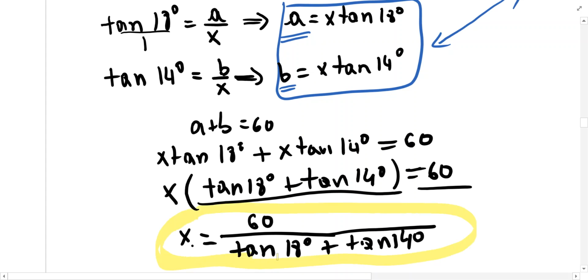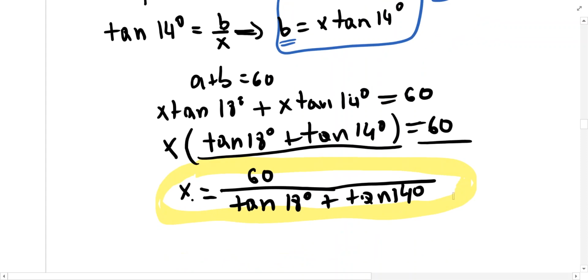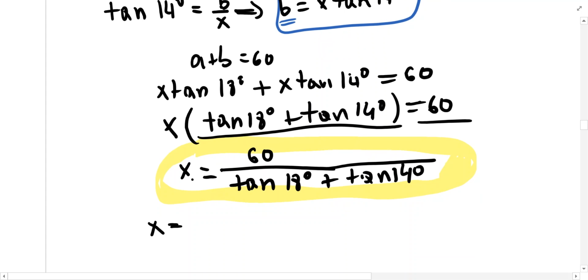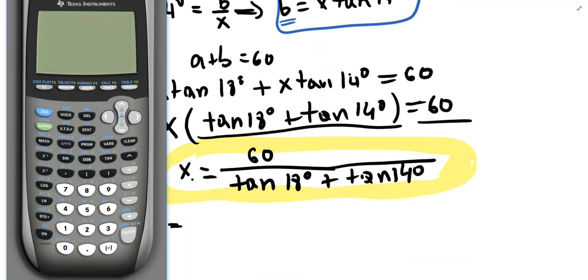I know it doesn't look like a distance, but if this was a quiz or an exam, this is what you would pick from the multiple choice, or this is what you would leave as your final answer. If this was in the homework and you were at home and you had access to a calculator, you would plug it in your calculator. The main thing is to make sure that you are in degrees, so look at the mode.